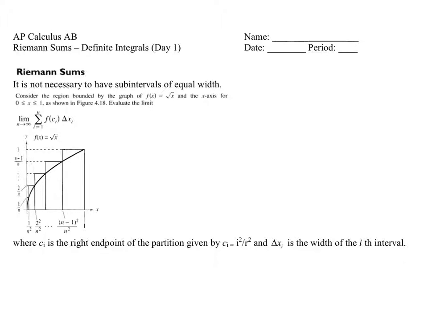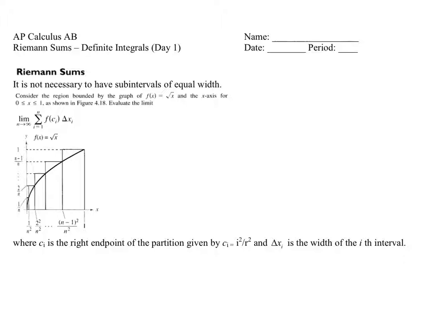Taking the limit as n approached infinity, those would all shrink closer and closer to 0. That's the culmination of the idea of the Riemann sum: it not only doesn't matter if we use left, right, or middle, but it also doesn't matter if the widths are the same.